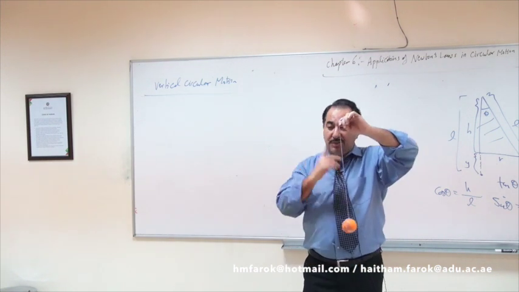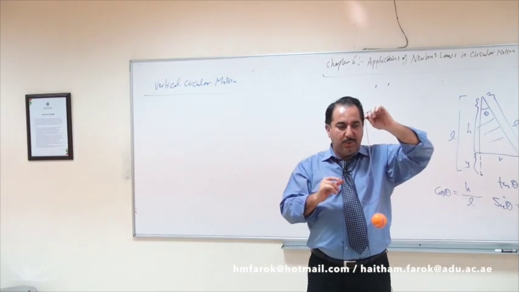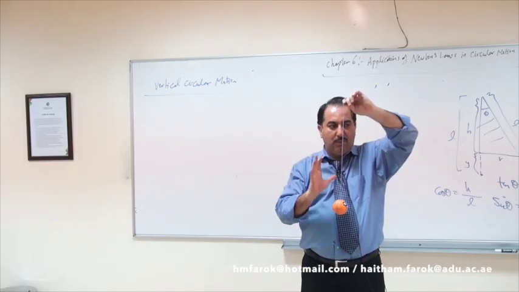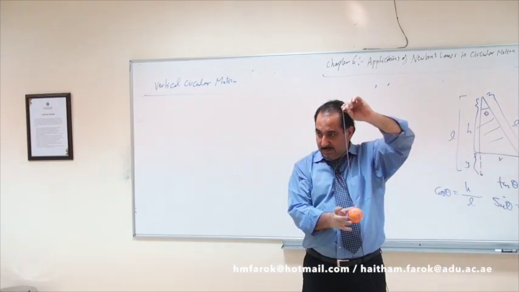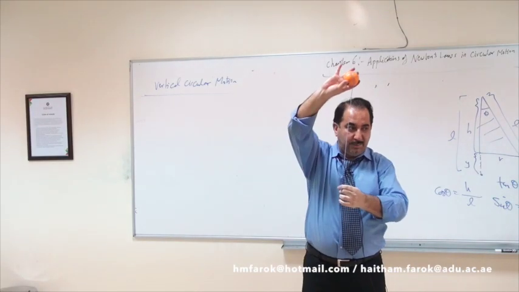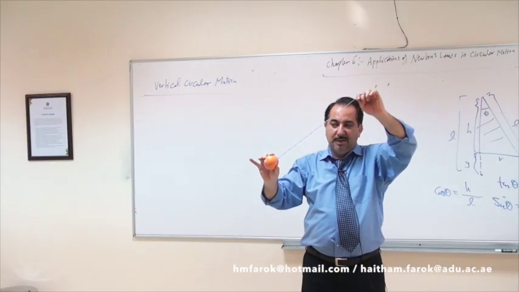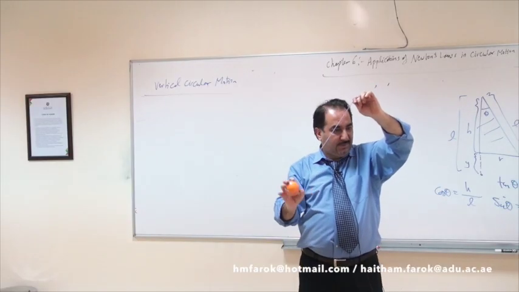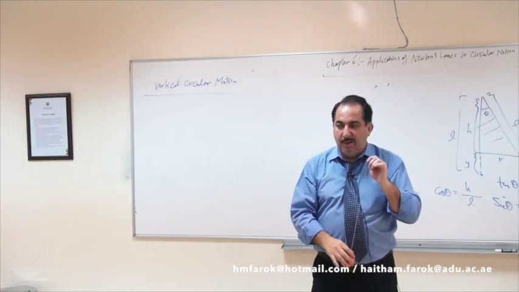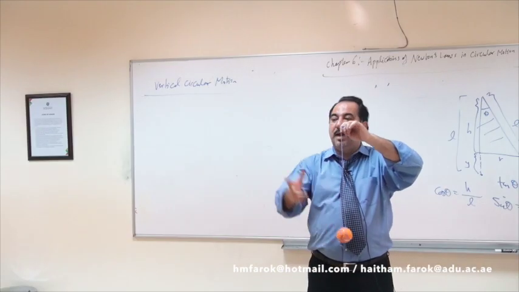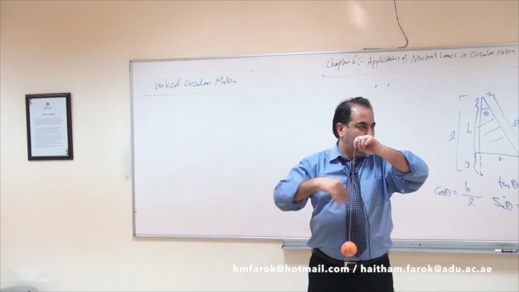In vertical circular motion, the motion is a little bit more complicated than the horizontal. Why? When the object is at the lowest point, bottom is easy, and at the top. But when it's in between, you have components of forces. So here I just concentrate on the case when the object is at the bottom and at the top only, not in between.